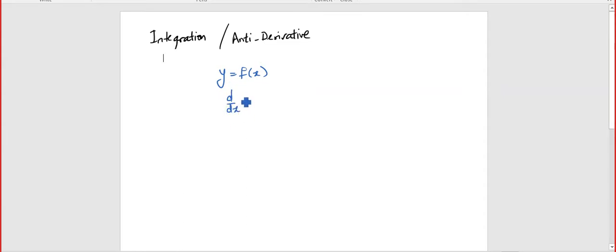So when we talk about integration, we say that it is a reverse process of derivative. It is also called antiderivative. So if we consider y is a function of x, then we denote the derivative of y, or derivative of this f of x, by this notation.